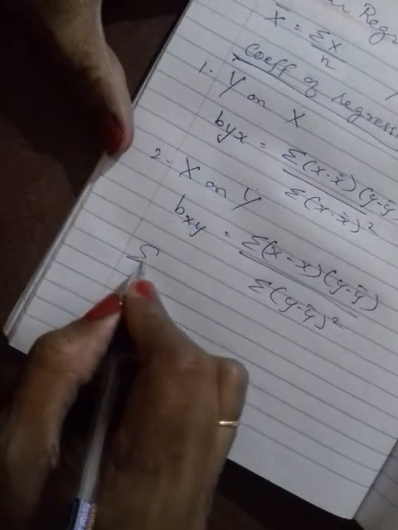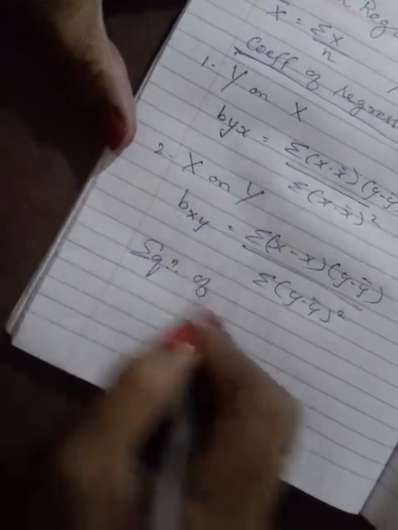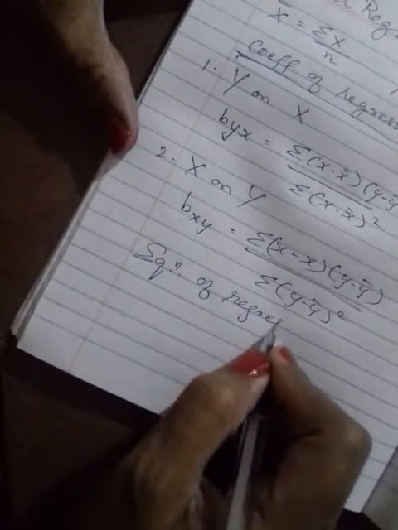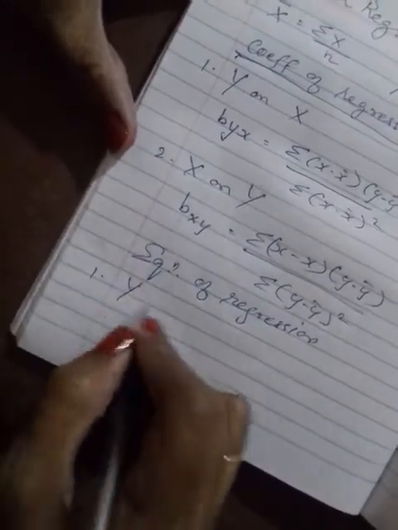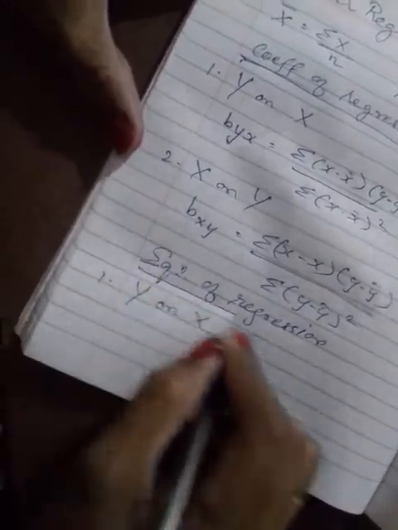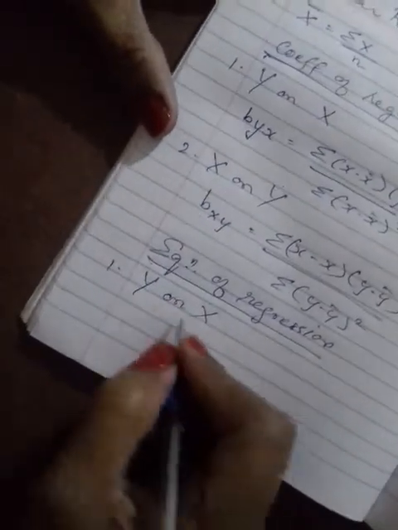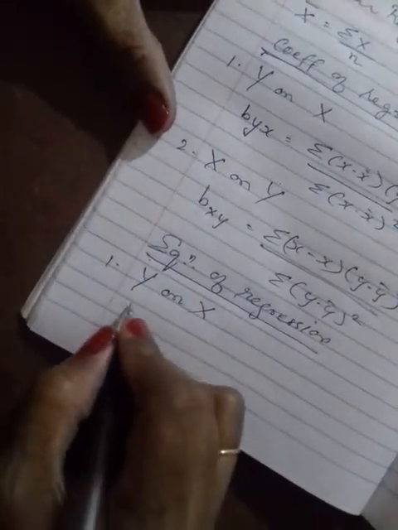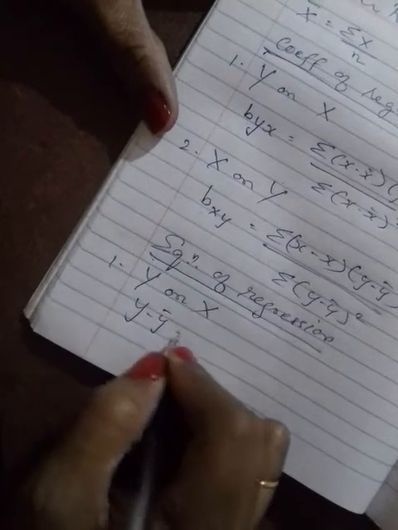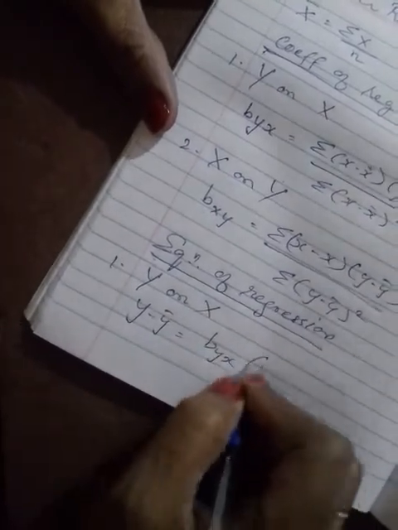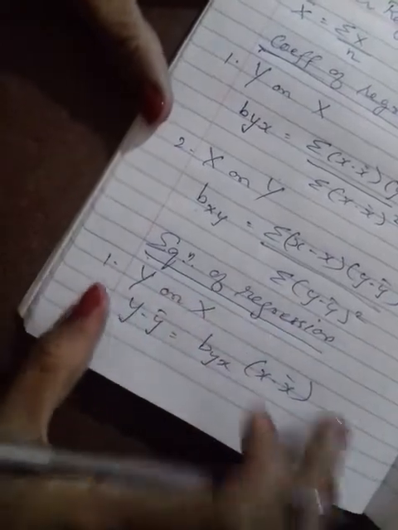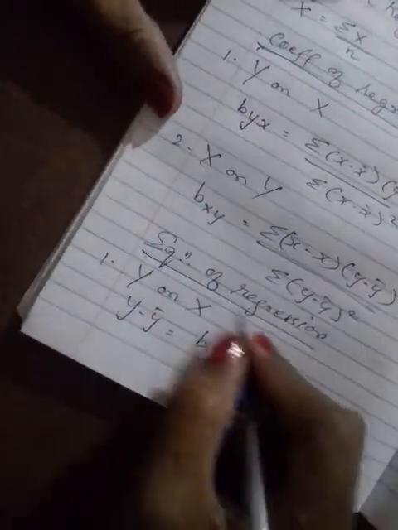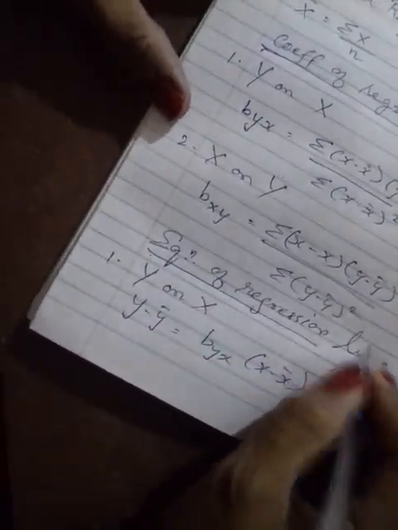The equation of regression line is, again, y on x and x on y. If you take y on x, the formula is y minus y bar is equal to b of yx into (x minus x bar). This is the equation of the regression line.